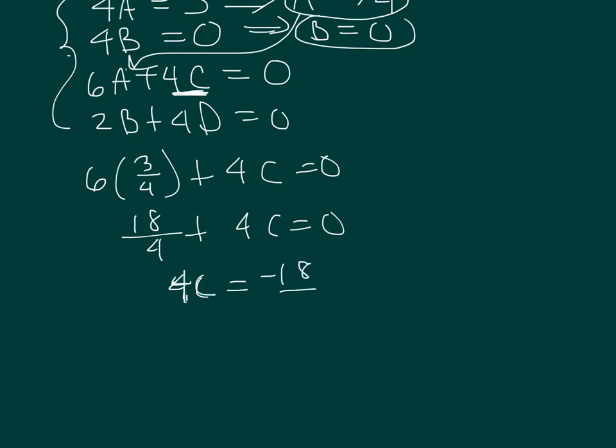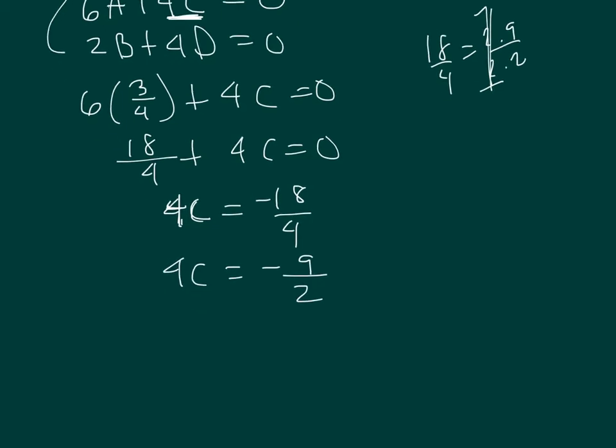But if we reduce this, it's just 9 halves. That's just a big one, I can divide it by 2. So 4c, and again, just some algebra. I can multiply by a fourth because I want this to be a 1. And so I get 1c, or c equals negative 9 over 8.